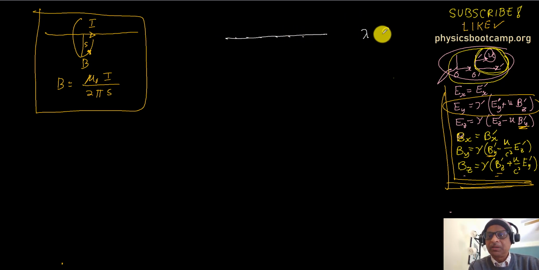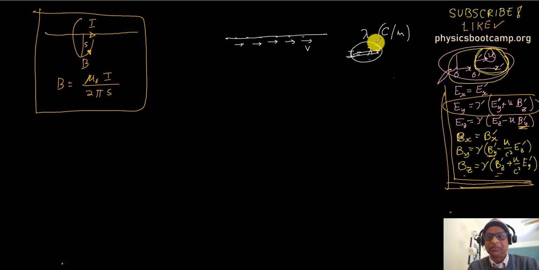The charge density is lambda coulombs per meter, and this is infinite in extent, and these charges are all moving with speed v. So you can think of the current as equal to lambda v. We're going to look at that, and you can see the formula will come out almost like that.